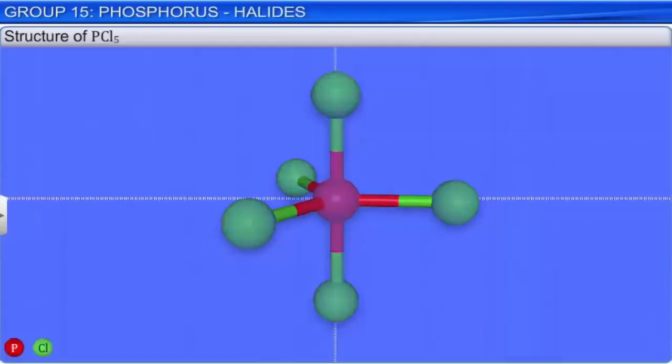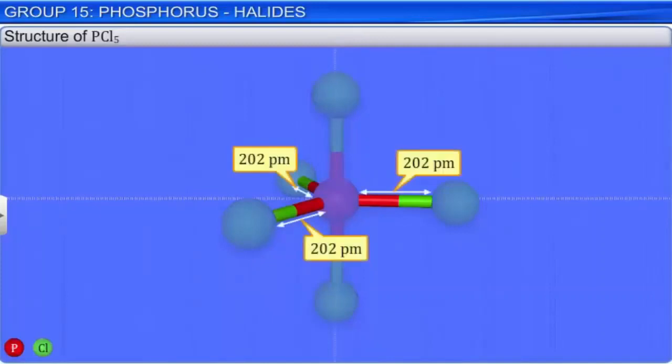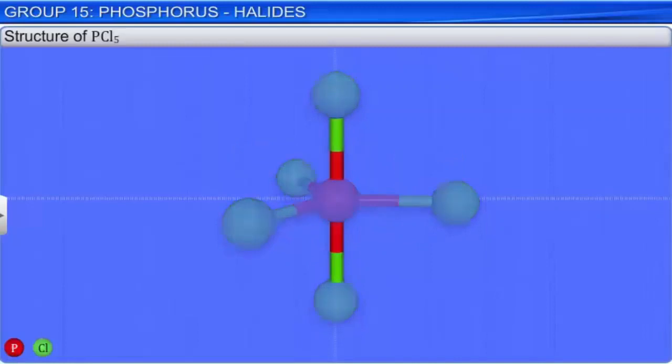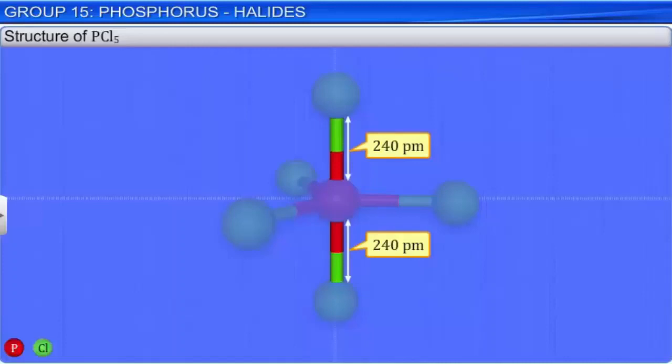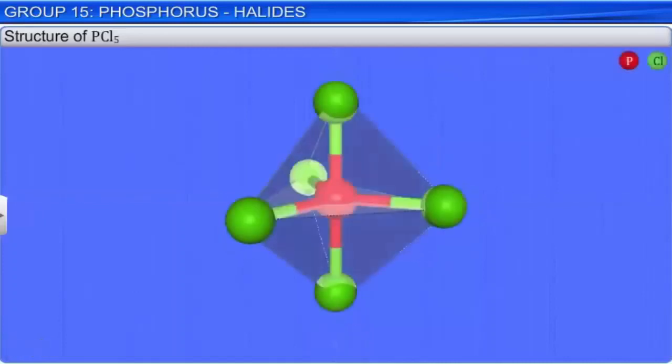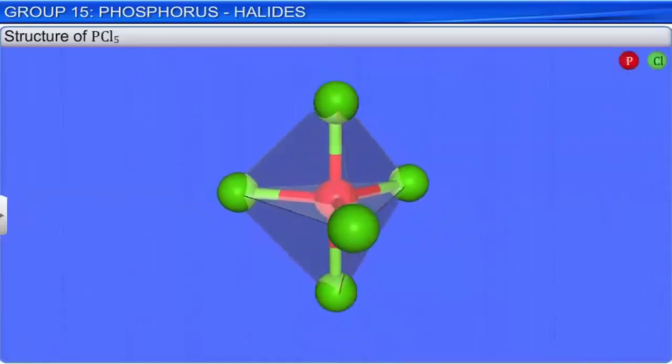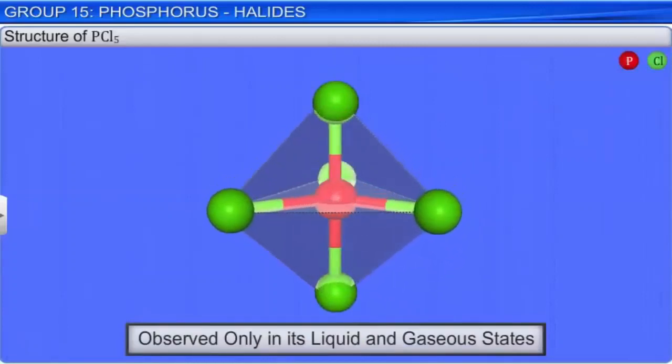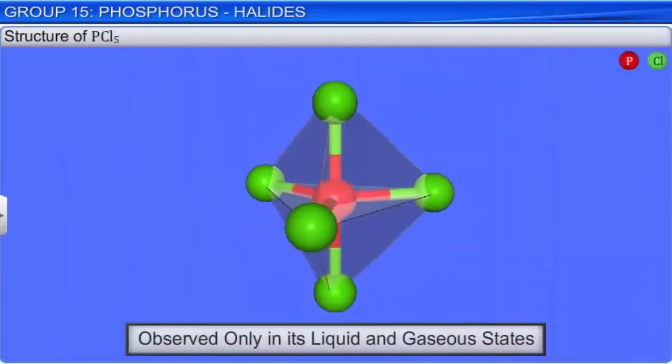Also note that the 3 equatorial P-Cl bonds are equivalent with bond lengths of 202 picometers, while the 2 axial P-Cl bonds are longer than equatorial bonds with bond lengths of 240 picometers. Trigonal bipyramidal geometry is observed only in its liquid and gaseous states.